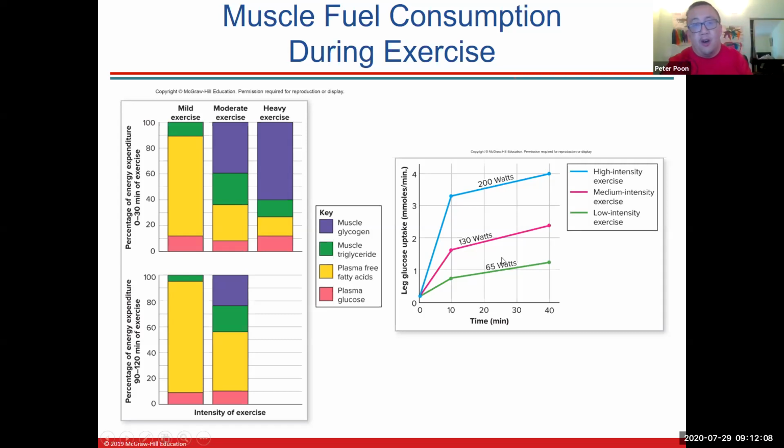The fat burning zone is the moderate exercise zone. For heavy exercise, you're really not burning triglycerides and fatty acids anymore. And that's especially true if you go completely anaerobic.